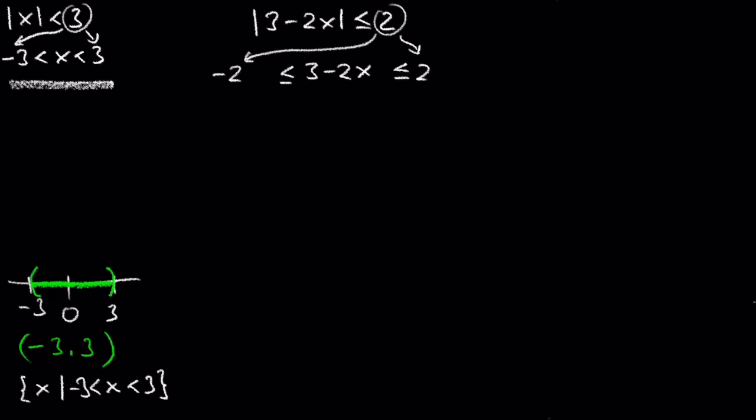The goal is to isolate the x, so subtracting 3 on every term leads us to -5 is less than or equal to -2x is less than or equal to -1.